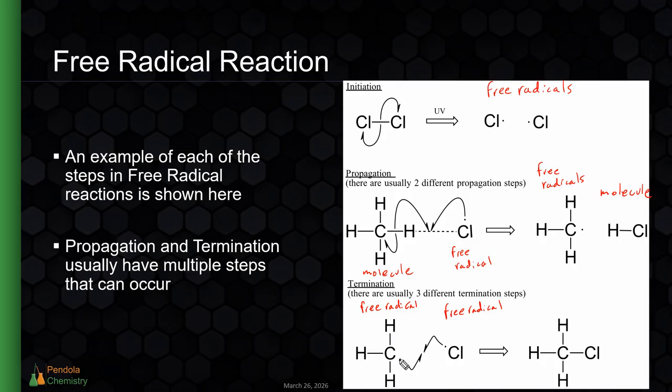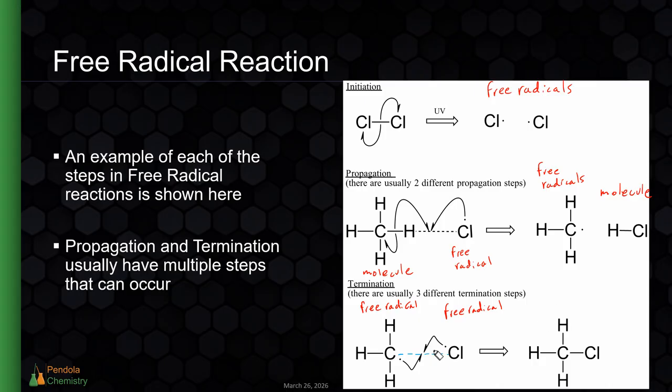So the carbon, with its one electron that's unpaired, its free radical electron, reacts with chlorine that has its free radical electron, and they both put in those electrons to create a bond between the chlorine and the carbon. That bond creates a molecule out of these two compounds.